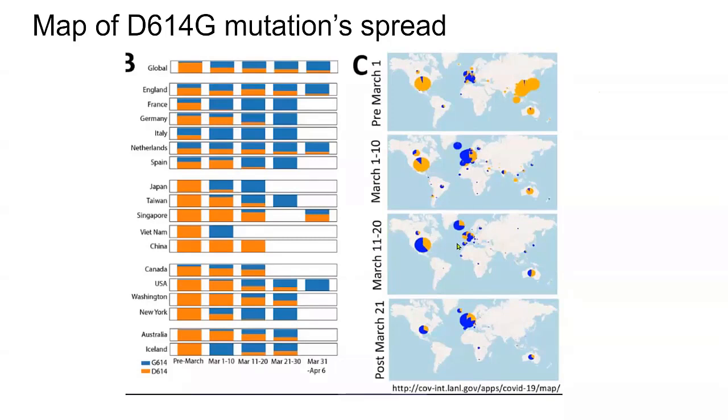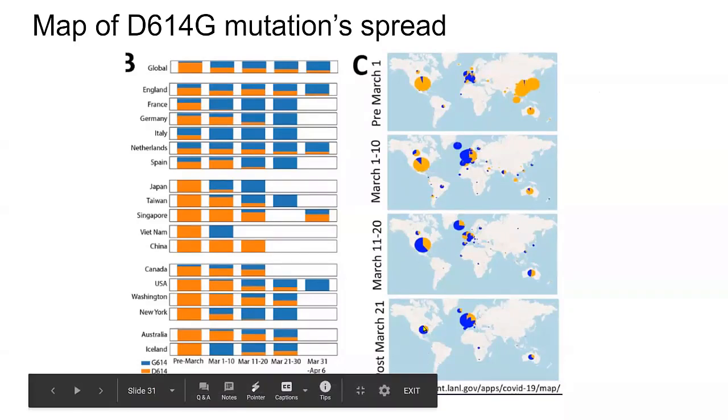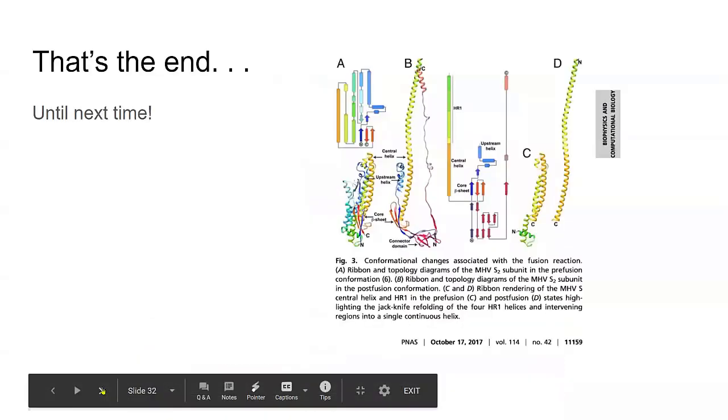And that's why millions of people in New York got infected, whereas California is still seeing thousands. So if the blue virus spreads across the country, which it almost certainly will, then that may be bad news for us because of this mutation causing easier transmissibility. Okay. All right, that's the end of my talk.